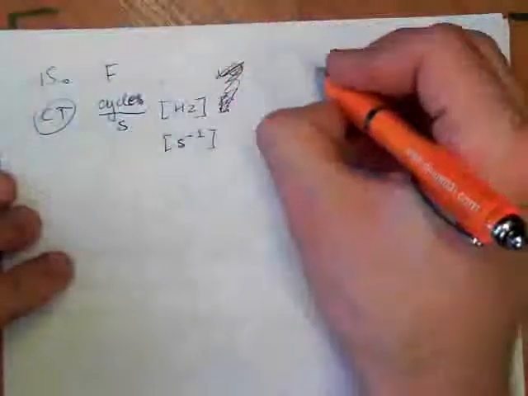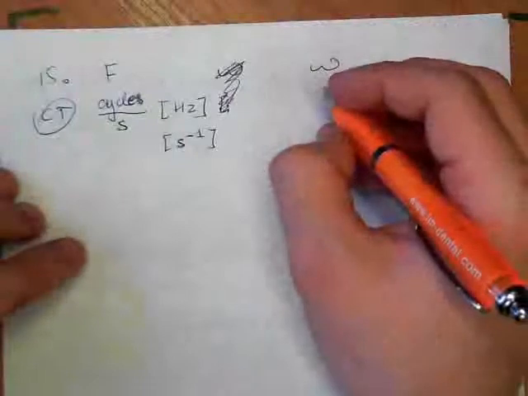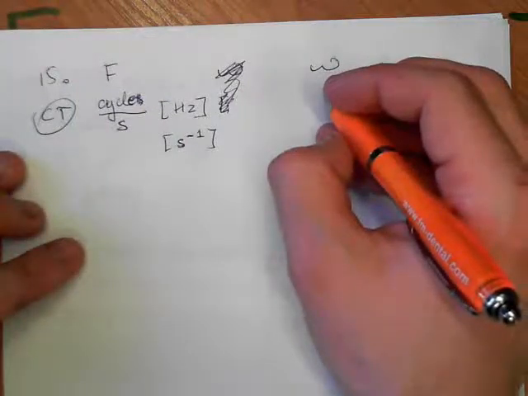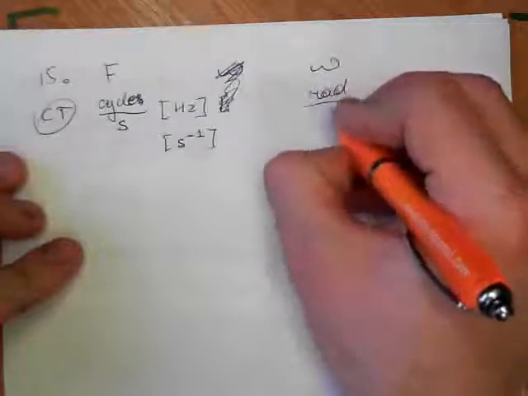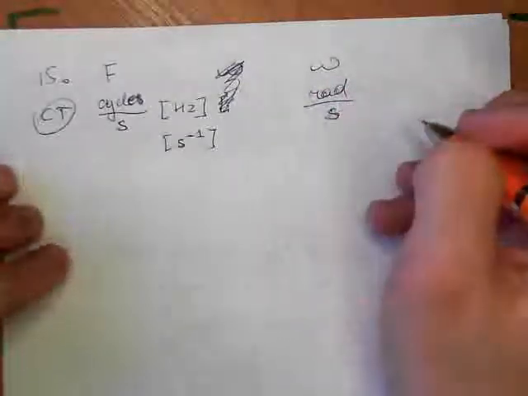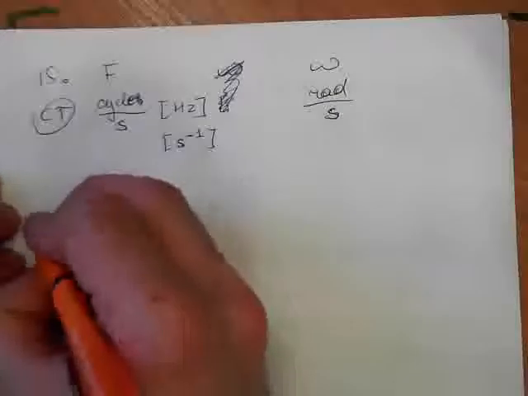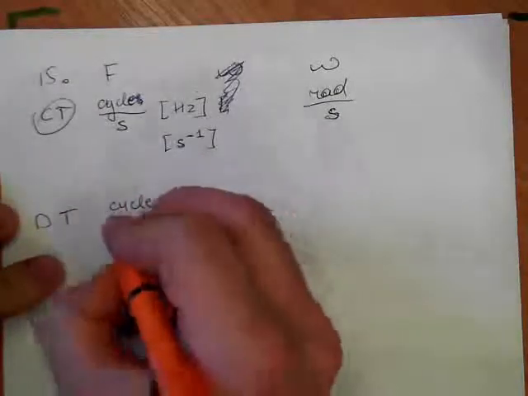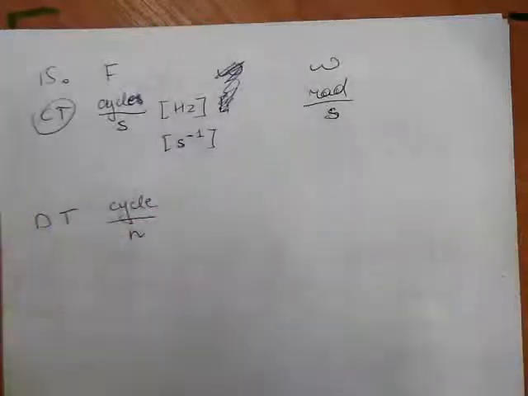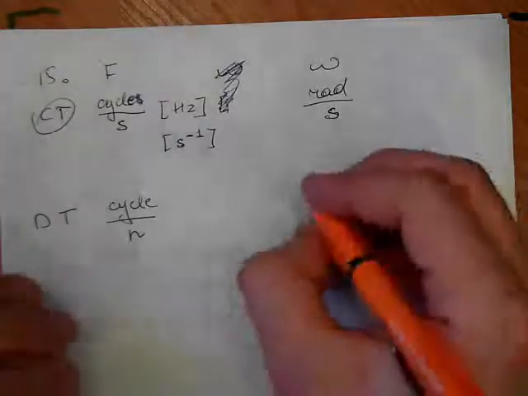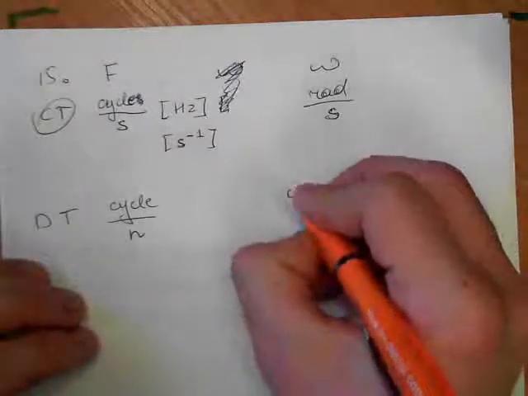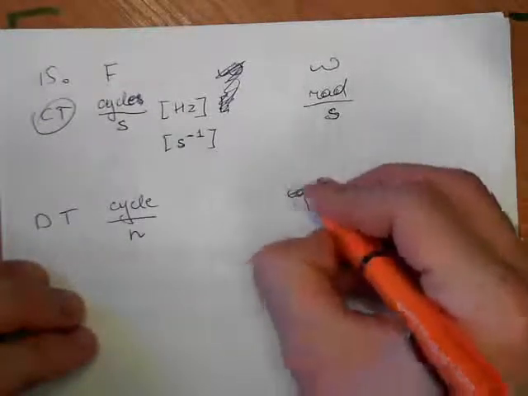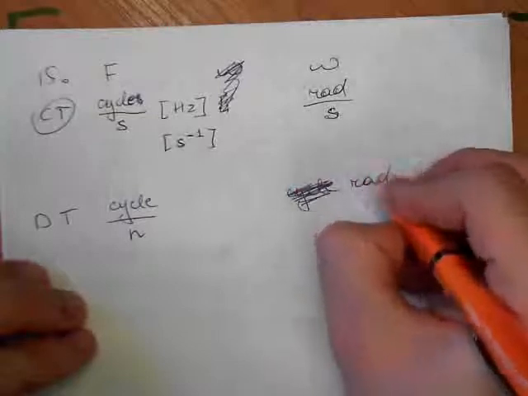So here omega is radians per second, angular frequency. Discrete time, we have cycles per sample. And omega, here we have radians per sample.